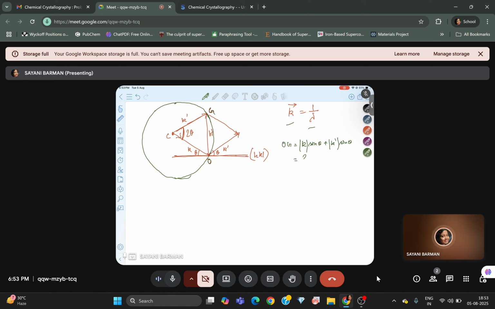So this will give you 2 sine theta by lambda. And according to Bragg's equation, n lambda equals 2d sine theta, 2 sine theta by lambda is equal to 1 by d. So you can say the h value is 1 by d. So from this we can say k bar or k prime is equal to this. So this is Bragg's equation in reciprocal space.